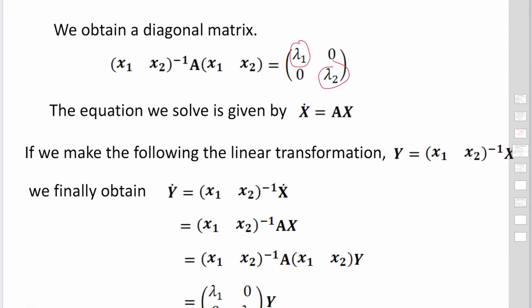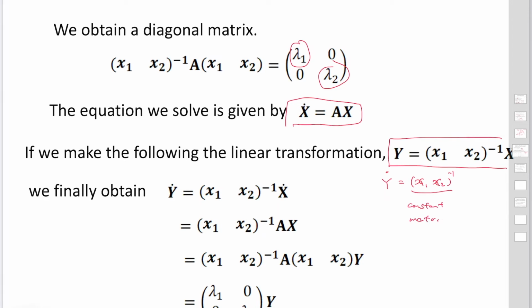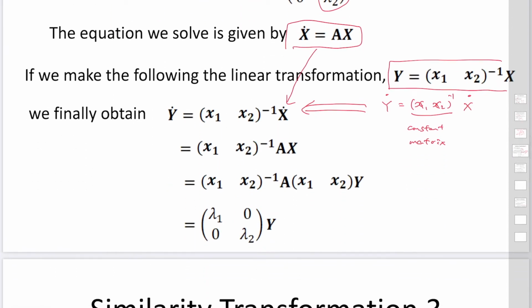The equation we solve is given by this equation, and we would like to transform it using these eigenvectors, with x expressed through y. So find the derivative of both sides. So y dot equals the inverse of (x sub 1, x sub 2) times x dot, since (x sub 1, x sub 2) is a constant matrix. For the derivative x dot, you can substitute this equation, so it becomes Ax.